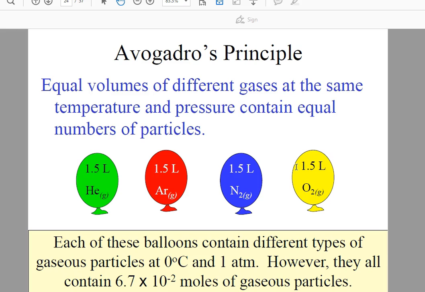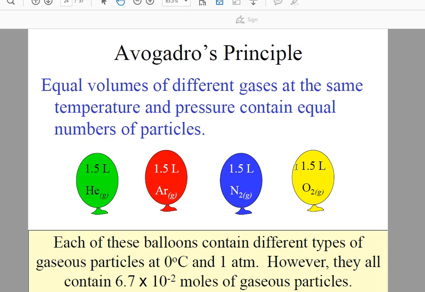Avogadro found that number actually by studying gases. So he found that equal volumes, and so some keys here, equal volumes, different gases, same temperature and pressure. So he had different gases at the same temperature and pressure. He thought they'd be different sizes, right?